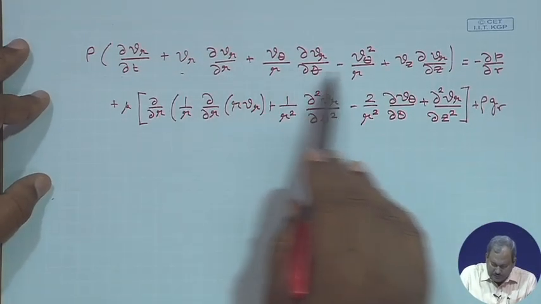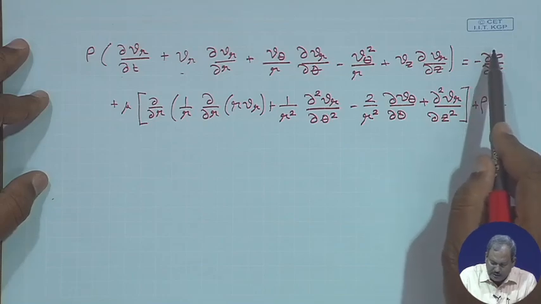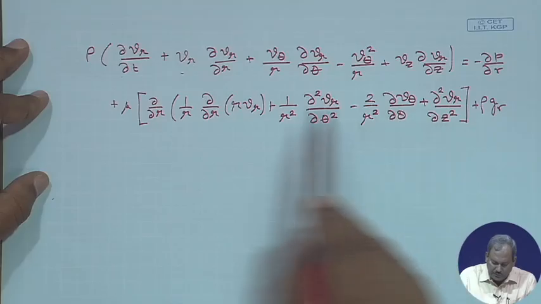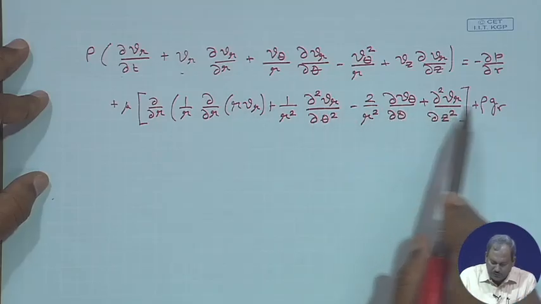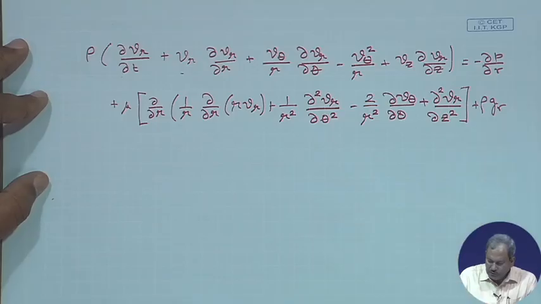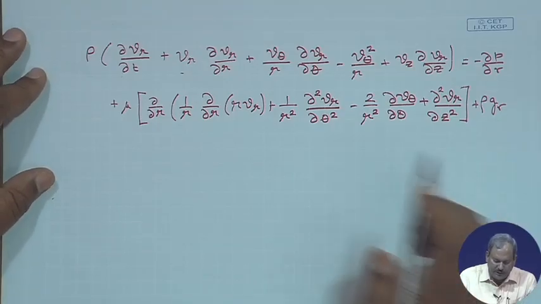So, these are the convective transport of momentum. This is the pressure gradient in the r direction. What you have are the viscous transport of momentum, 1, 2, 3, 4 terms, and then you have a body force term. So, as before, we are going to see which of these terms can be neglected.